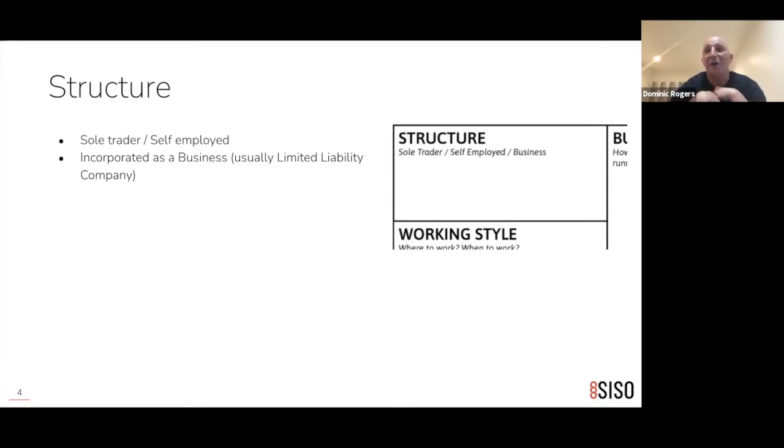I don't know what all the differences are across countries, but the main difference in both the UK and New Zealand is if you're a sole trader and self-employed, you're responsible for your taxes, whereas if you're a company, the company's responsible for your taxes, even though, as you're most likely the only shareholder, you're then responsible. So with structure, the thing you've got to think about is, are you going to be self-employed or incorporated?